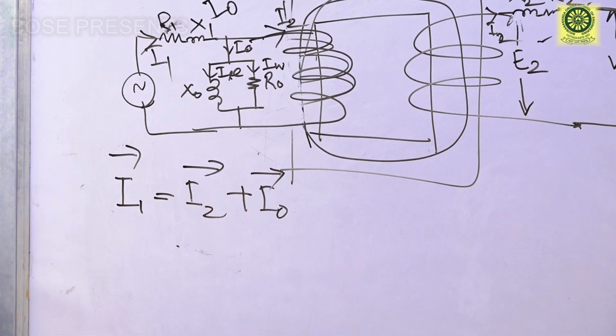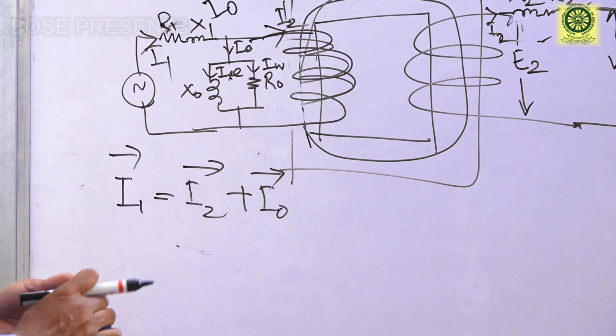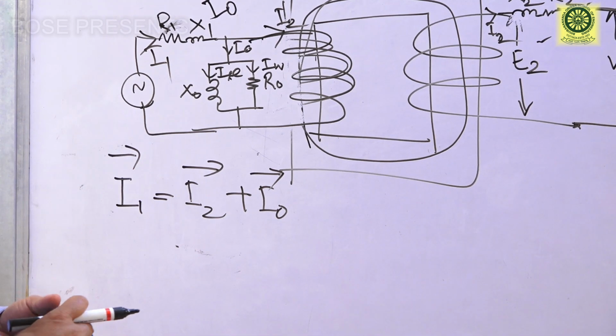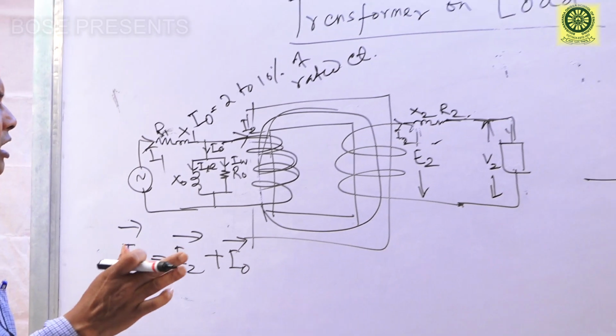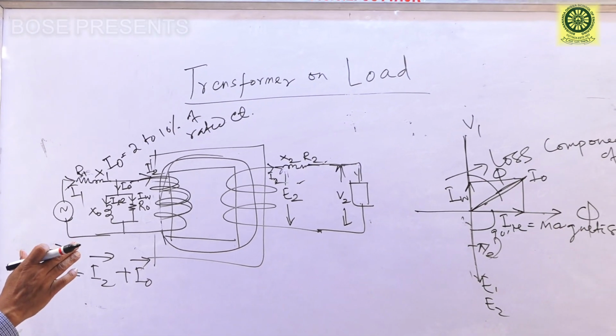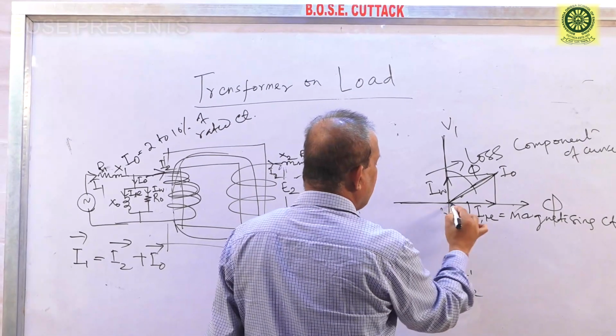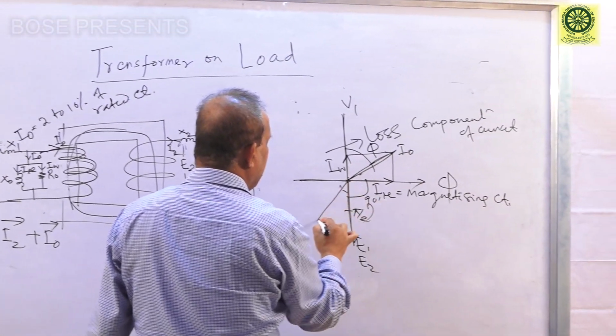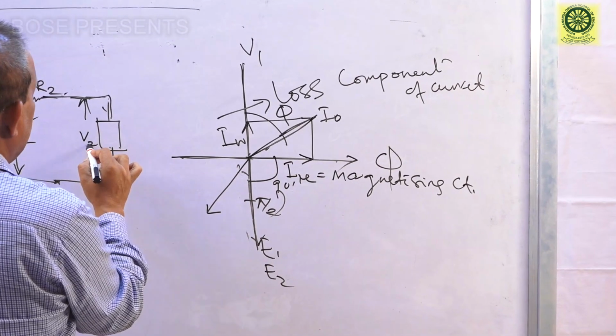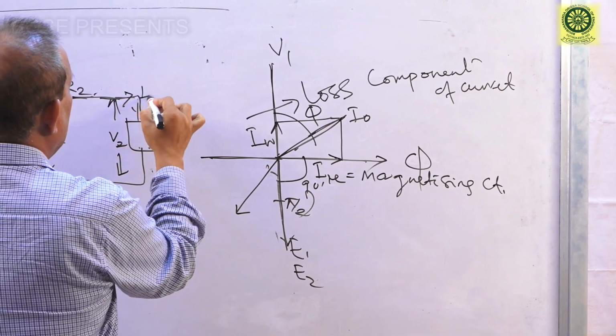So now, considering the transformer on load with a lagging power factor load, what happens? In the third quadrant I am representing my secondary side voltage, V2, and this current I2.